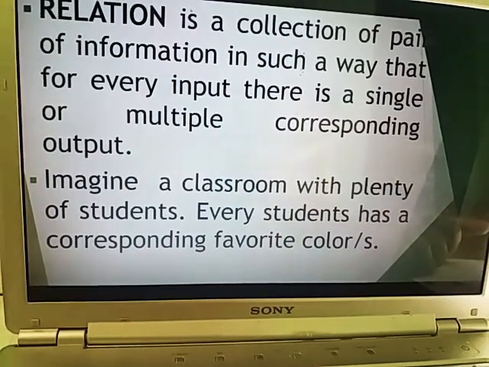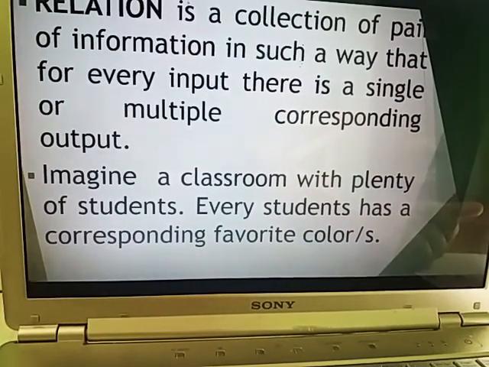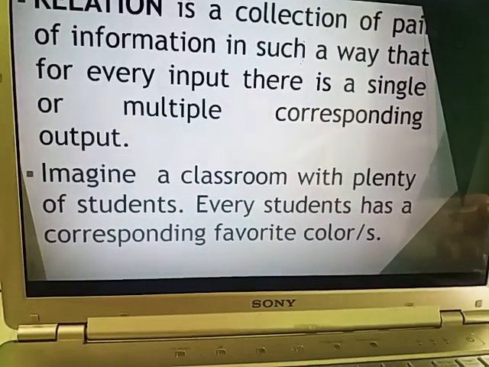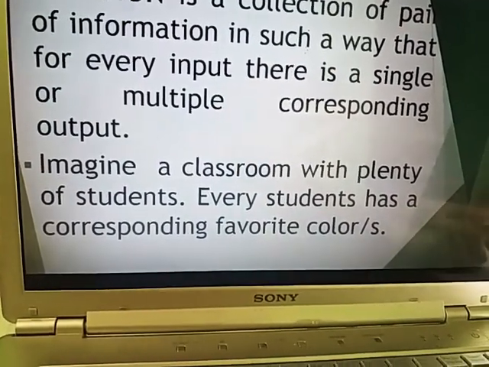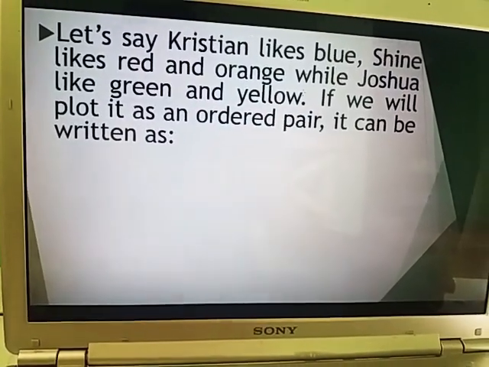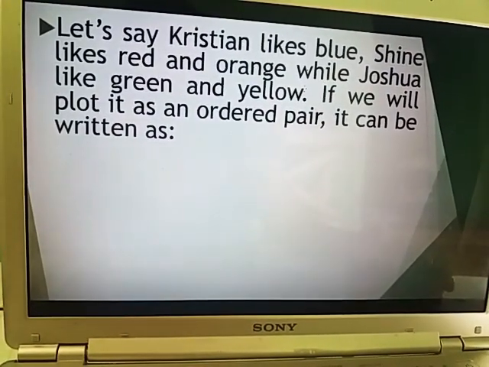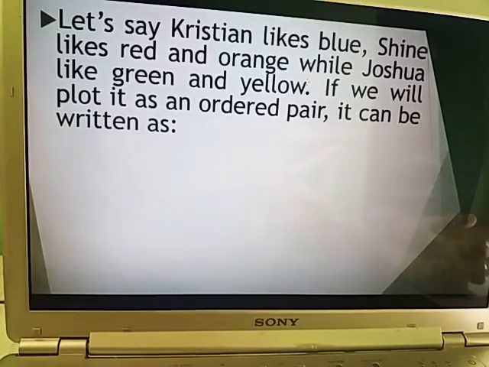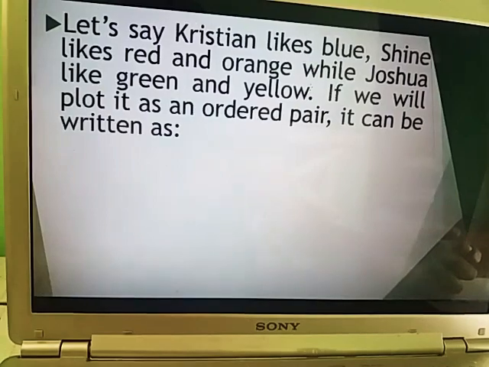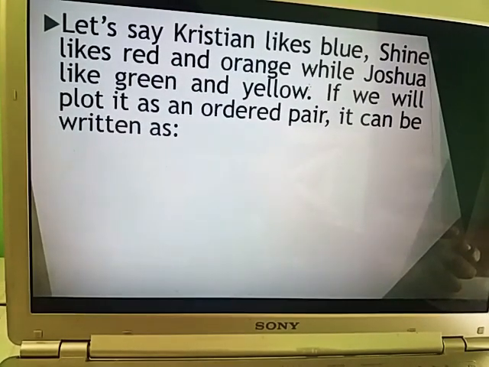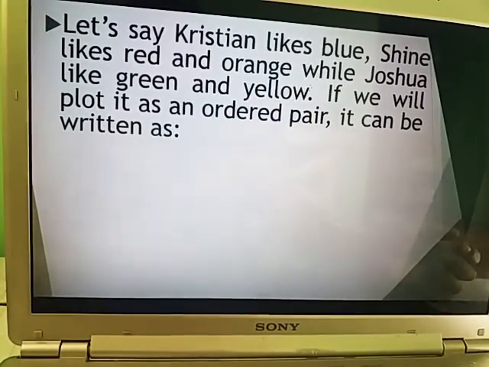So imagine a classroom with plenty of students. Every student has a corresponding favorite color or colors. Let's say Christian likes blue and Shine likes red and orange, while Joshua likes green and yellow.